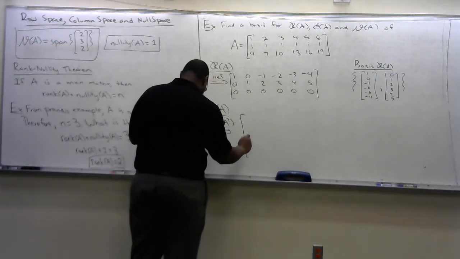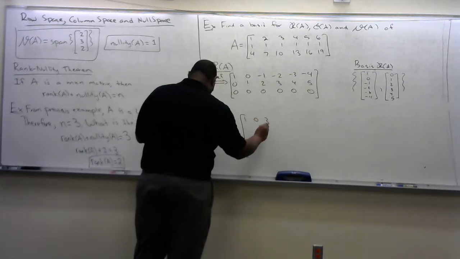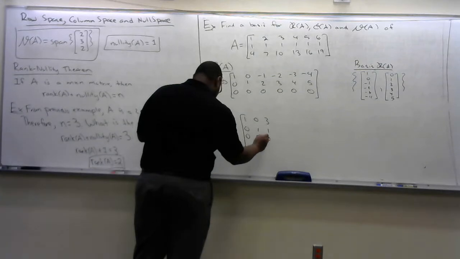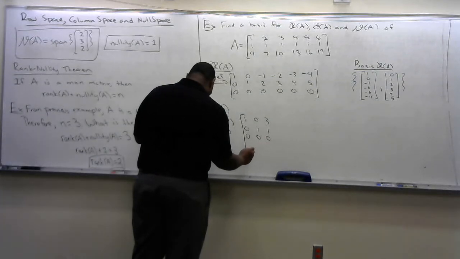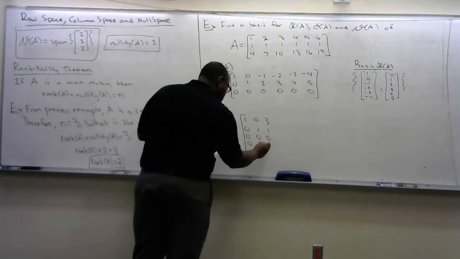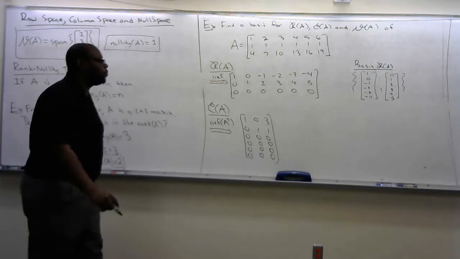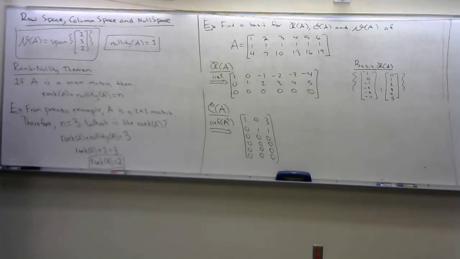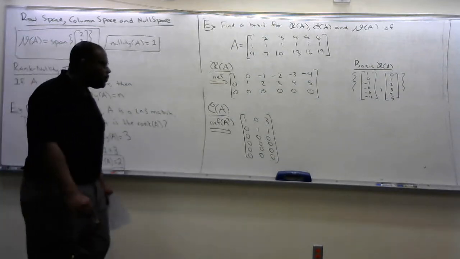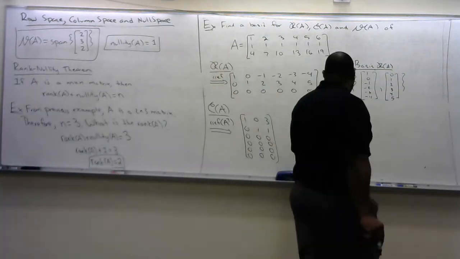I get 1, 0, 3, 0, 1, 1, and then everything else is zeros. So I have 4 rows of zeros. I look at the non-zero rows of A transpose, 1, 0, 3, and 0, 1, 1.